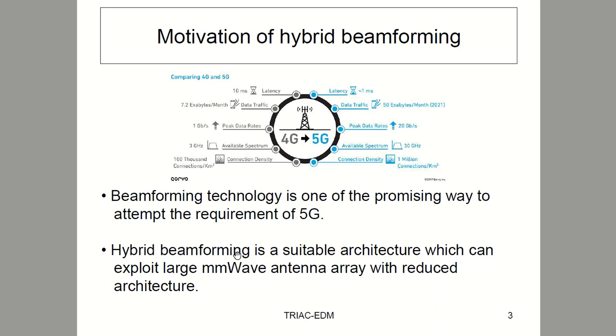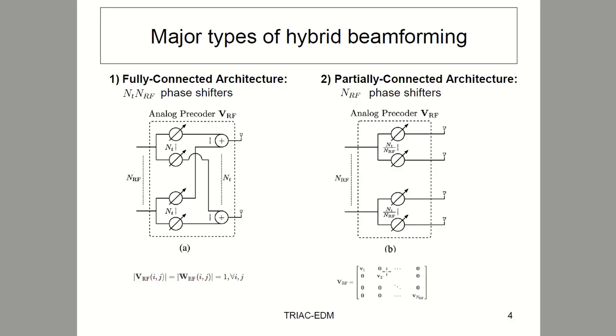A hybrid beamforming is a suitable architecture which can exploit a large mmWave antenna array with reduced complexity. So here are the types of hybrid beamformer. The first thing is the fully connected architecture.